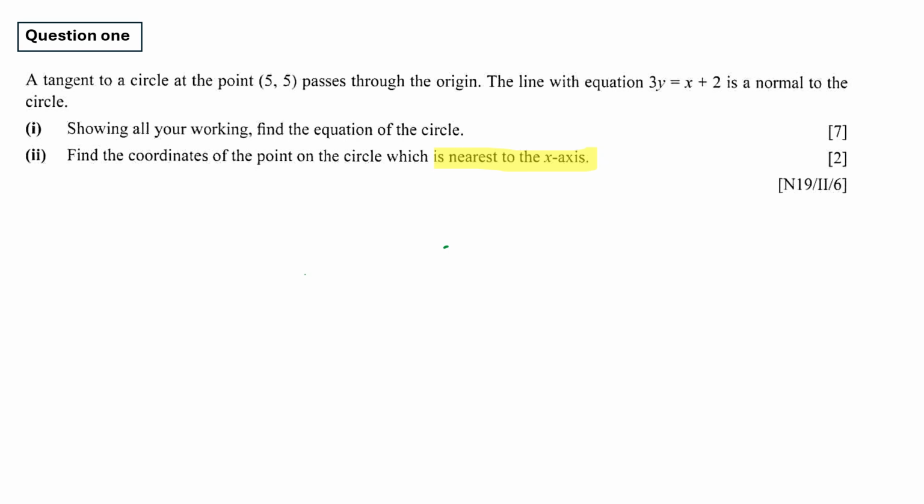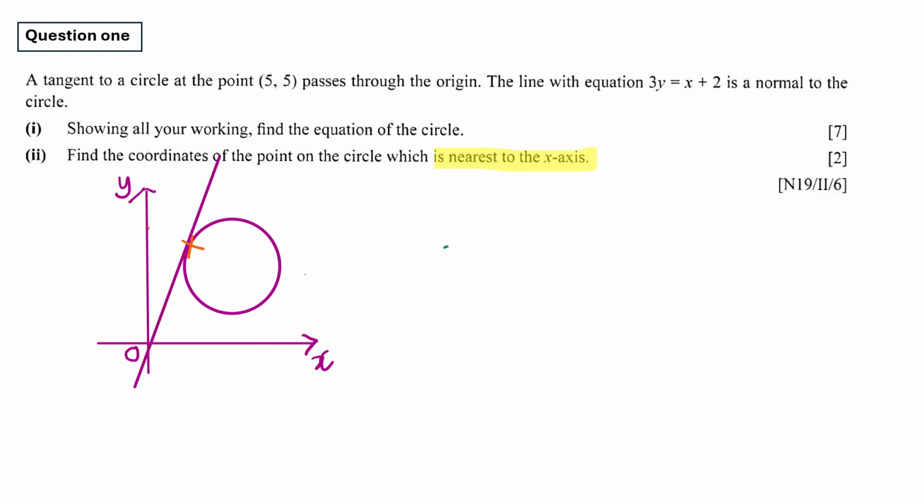So to find the equation of the circle, there are two things that are needed here. First of all, the center of the circle, and secondly, the radius of the circle. Let's start off by having a sketch of the diagram.